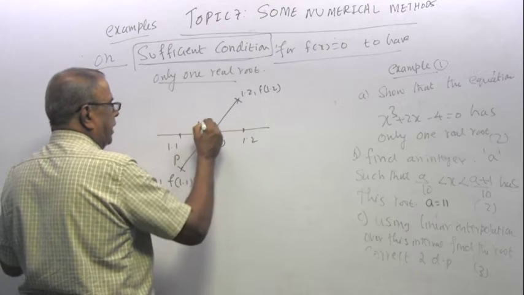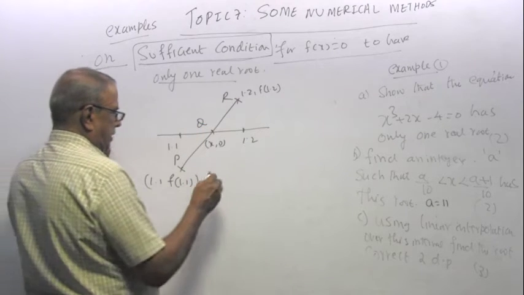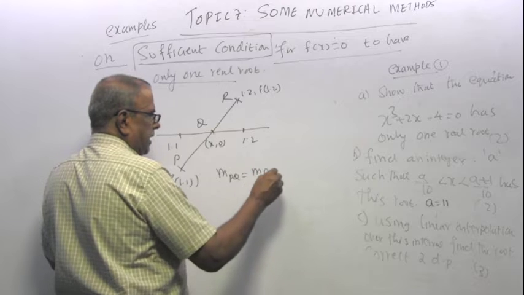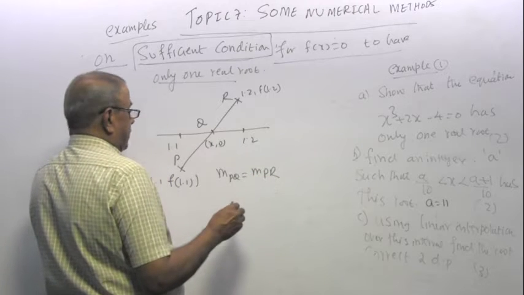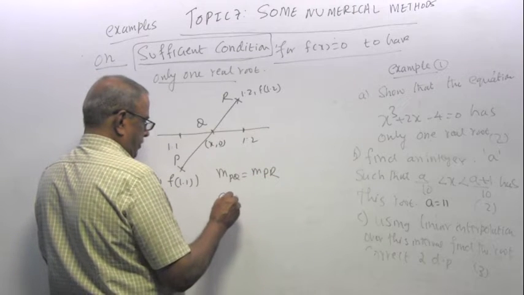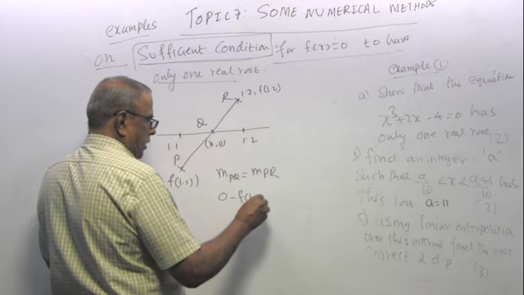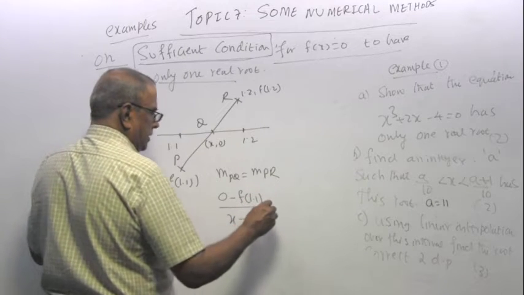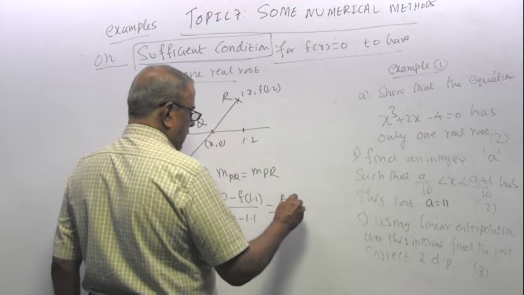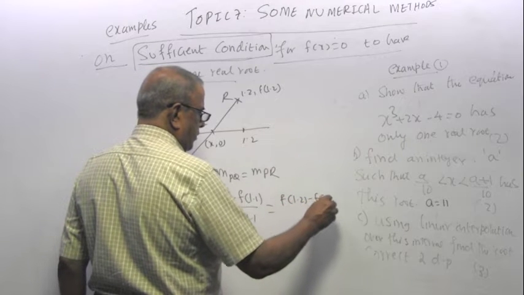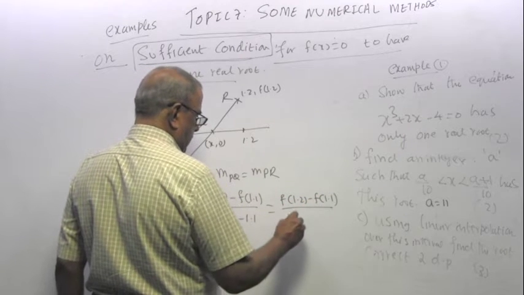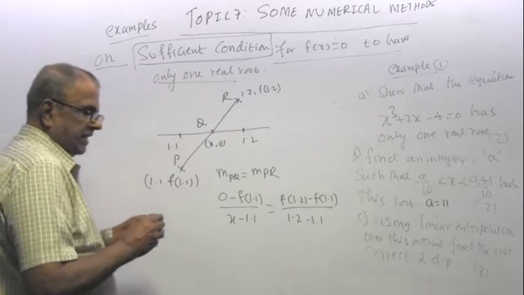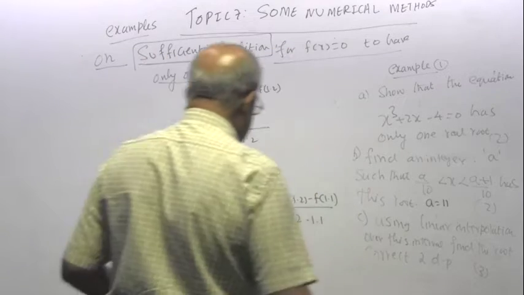Call that PQR. Gradient of PQ equals gradient of PR. What's gradient of PQ? 0 minus f of 1.1 over x minus 1.1 equals f of 1.2 minus f of 1.1 over 1.2 minus 1.1. Having written that, I'll have to write the values.